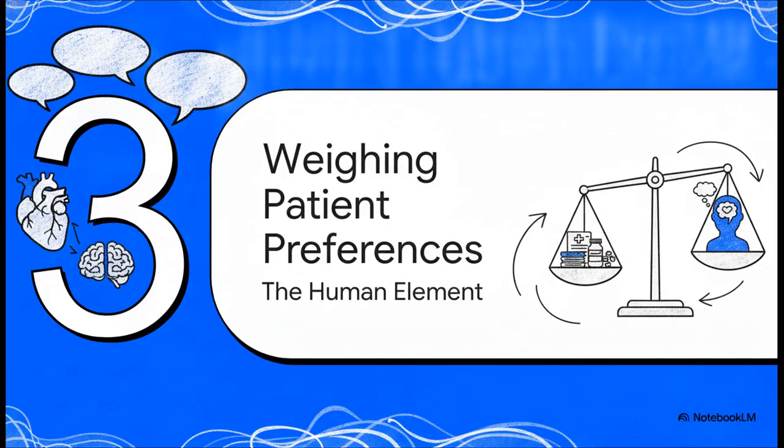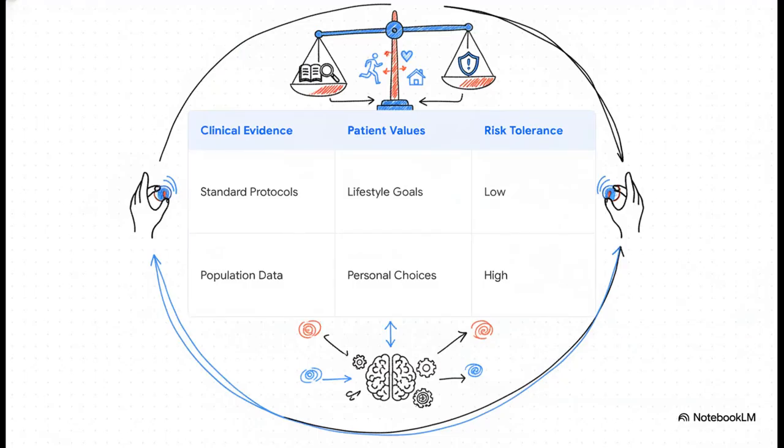Which brings us to Section 3, weighing patient preference. This is the crucial human element that absolutely has to be integrated into all this clinical data. As you'll see here, a clinician doesn't just dictate care based solely on clinical evidence. No. They have to juggle that evidence against patient values and risk tolerance in this incredible multivariable equation. Let's go back to our 75-year-old patient for a second.